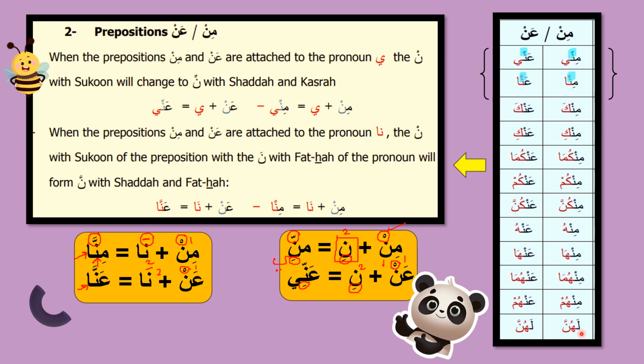It's not la, I think it's a printing mistake here. It should be minhunna and anhunna. This lam harf jar shouldn't be there. It's a printing mistake. Anhunna. So both of them will remain the same.